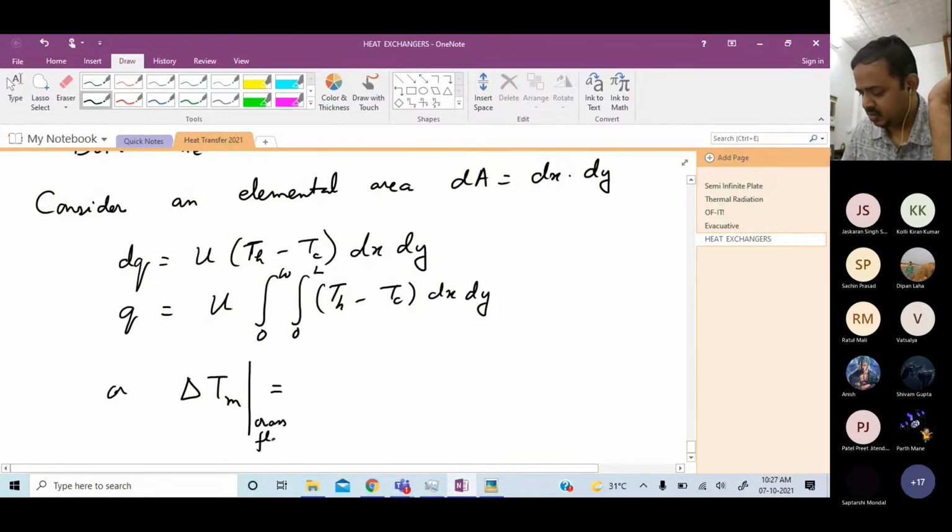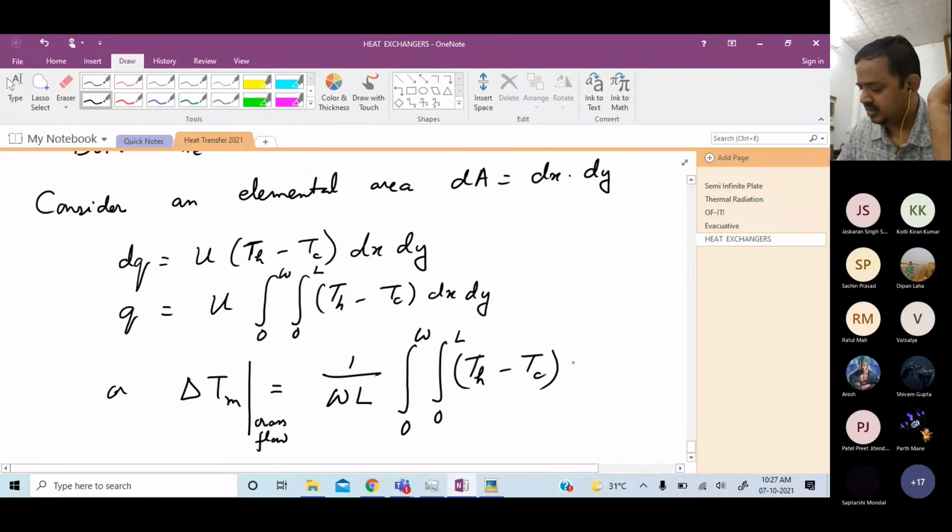So this for cross flow is going to be 1 over WL, integral 0 to W, integral 0 to L, of (Th minus Tc) dx dy. So a double integral.